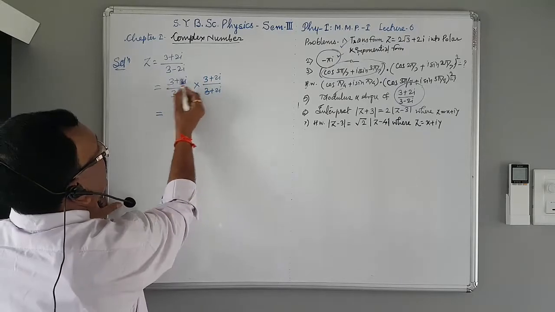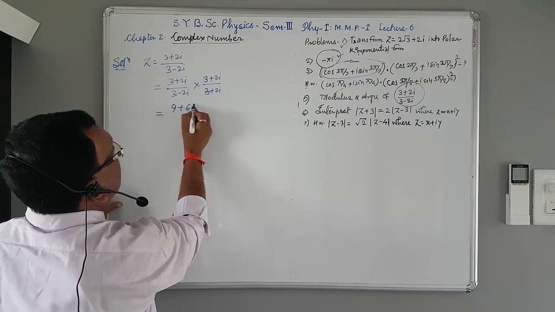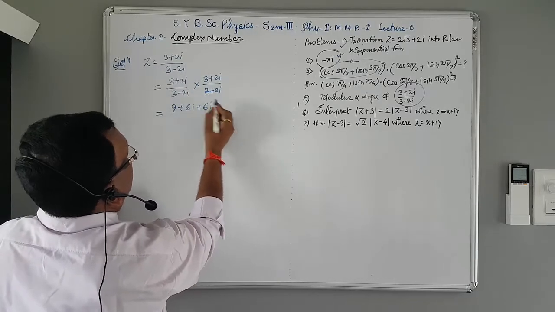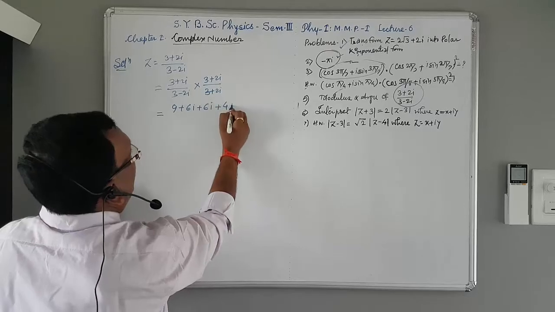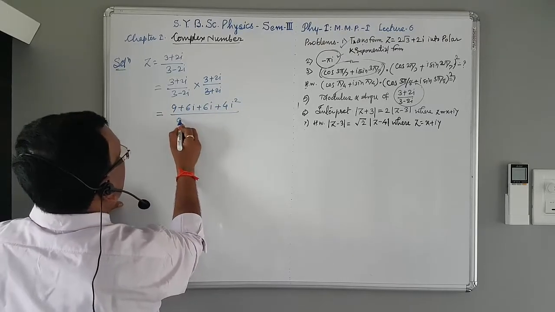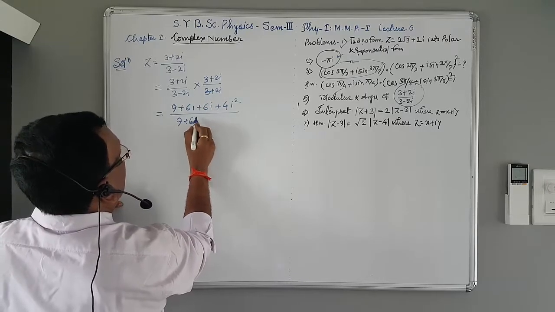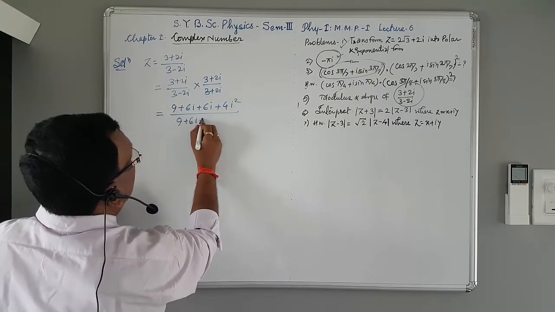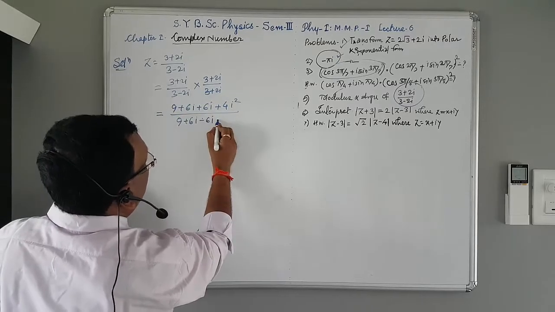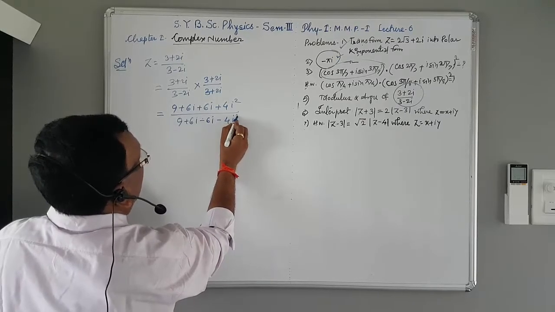Solve this: we get 3 into 3, 9, 3 into 2i, that is 6i, 2i into 3, that is 6i, plus 2 into 2, 4, i square, divided by 3 into 3, 9, 3 into 2i, 6i, minus 2i into 3, minus 6i, minus 2i into minus 2i, plus 2i, minus 4i square.